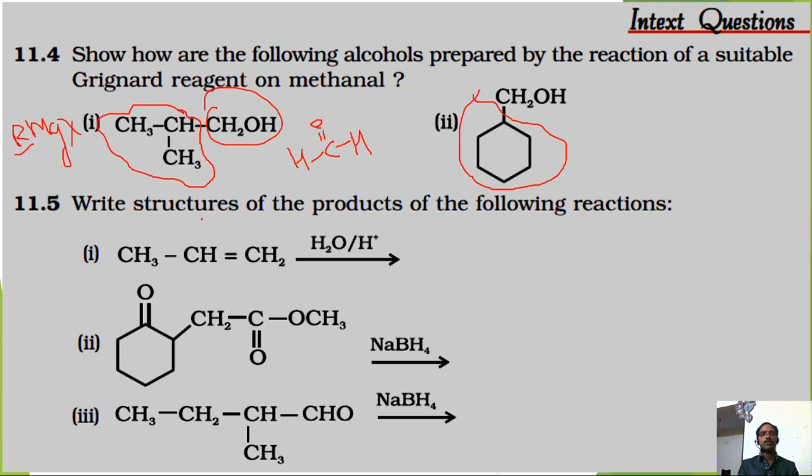Next, write the structures of the products of the following reactions. See here the first question, addition of water molecule according to Markovnikov rule. This OH minus, OH goes to where fewer hydrogens are there, and H plus will attack here.